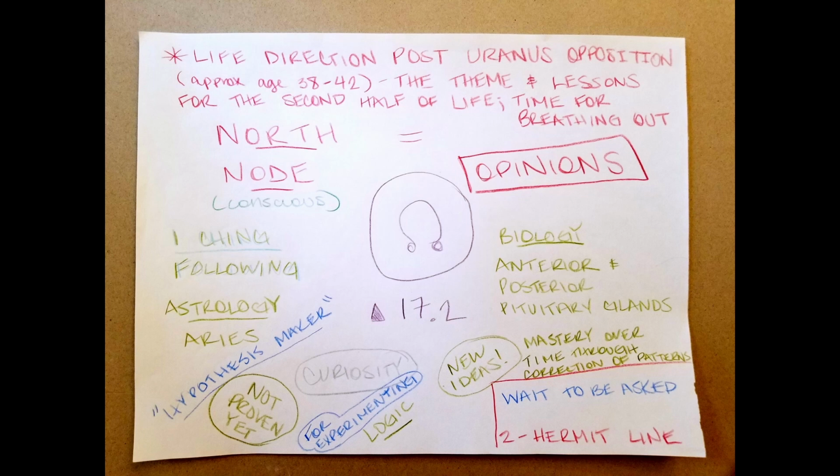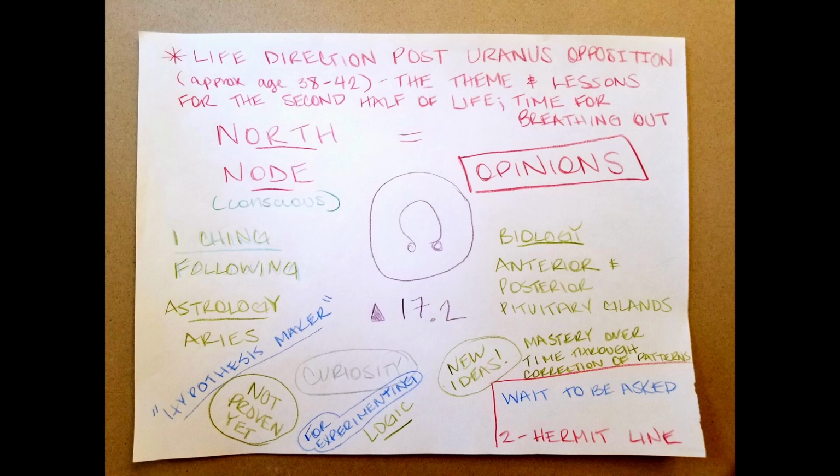So kind of between 38 and 42, this is the theme of life lessons for the second half of your life. It's the time for breathing out. And so for me, that life direction is opinions.